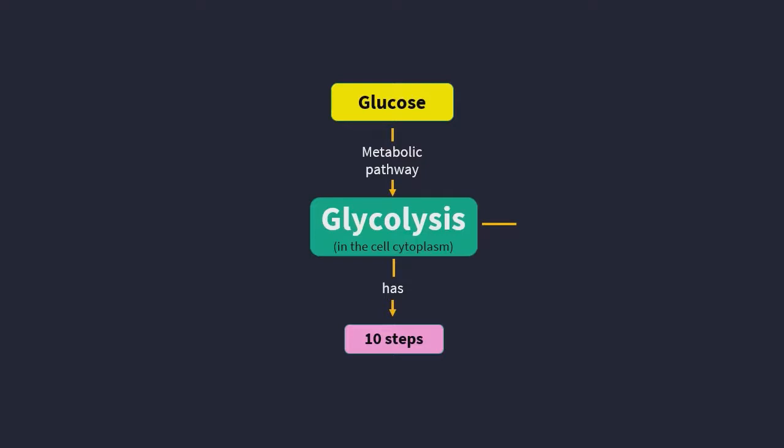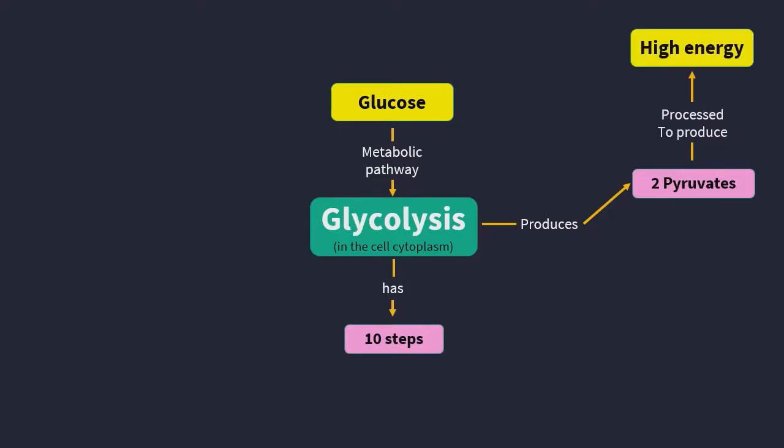Glycolysis is the splitting of glucose into products called pyruvates. The two pyruvates will later be processed to produce high energy that will be utilized by our body processes. Aside from pyruvate, glycolysis also produces water.